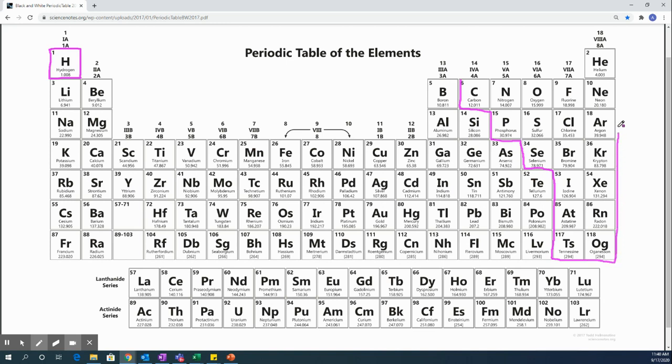Okay. Those are our nonmetals. You'll see they're generally on the right side of the periodic table, except for hydrogen.